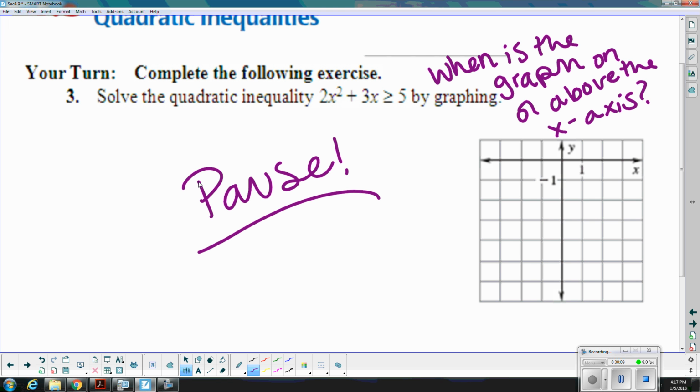You work, and then you can unpause for the solution. So remember, you don't have to graph the whole function, but you do have to set the inequality equal to 0, and then find the zeros, and then sketch in your parabola.